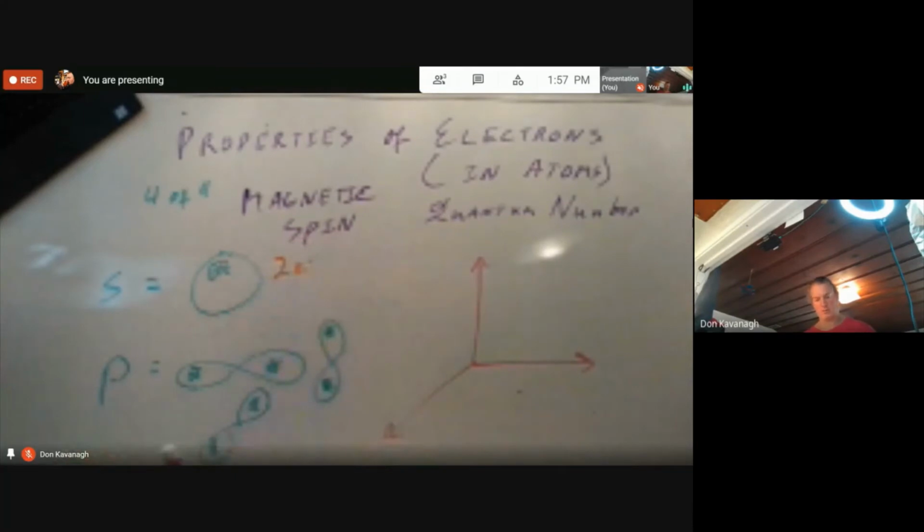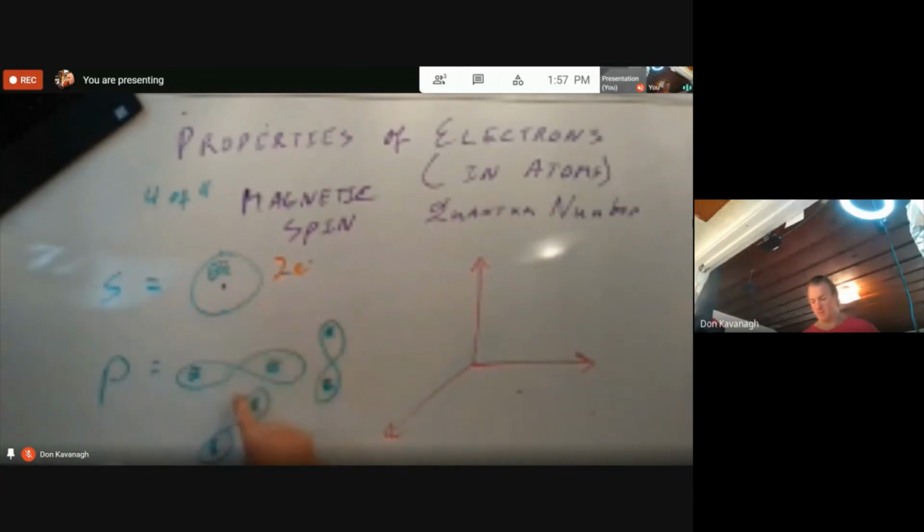To put a little perspective on it, this could be a 1s orbital or a 2s or a 3s. The nucleus is in the center here, and those 2 electrons are confined to this shape around the nucleus, buzzing around at 99% the speed of light.